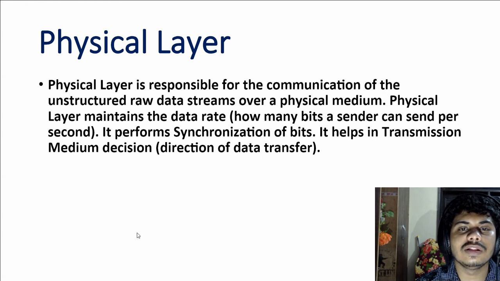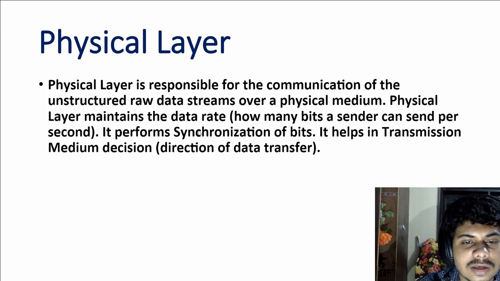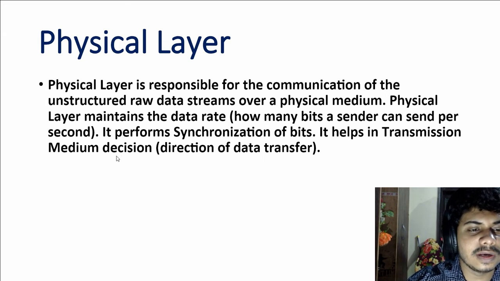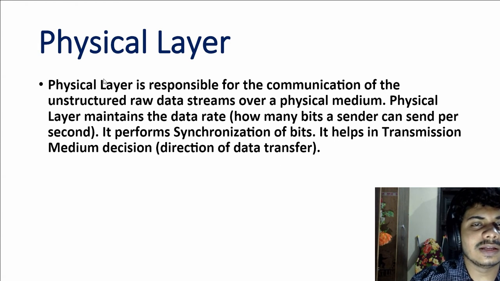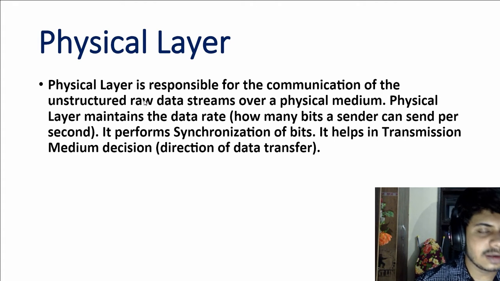Data gets converted in the form of bits, so it is the physical layer's responsibility to convert that data into bits, synchronization of bits, and help transmission into the medium and decide the direction of data transfer. It is the physical layer's duty to convert them into bits and deliver the data to the physical layer of the receiver.